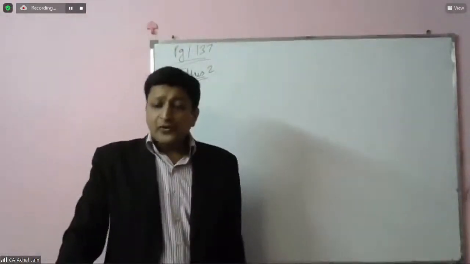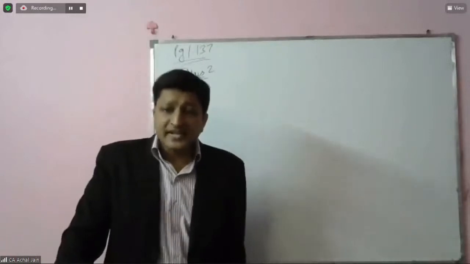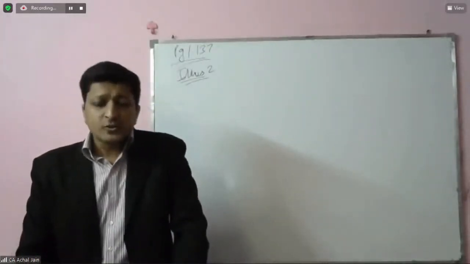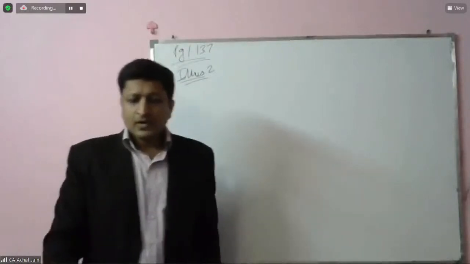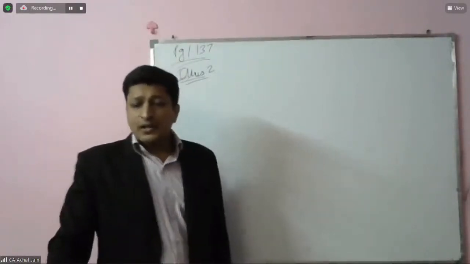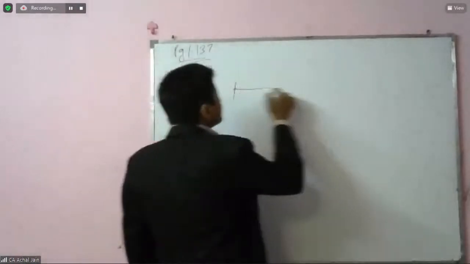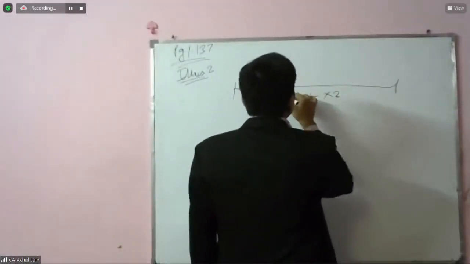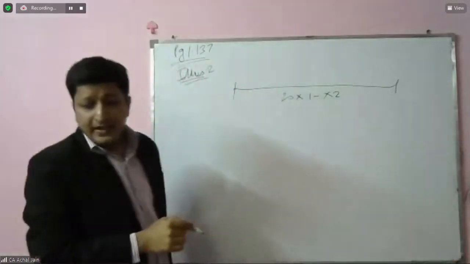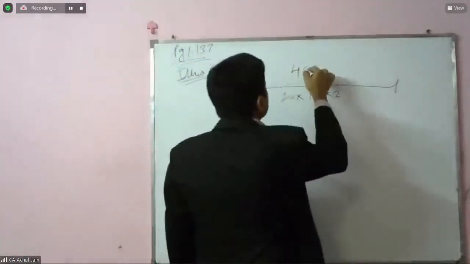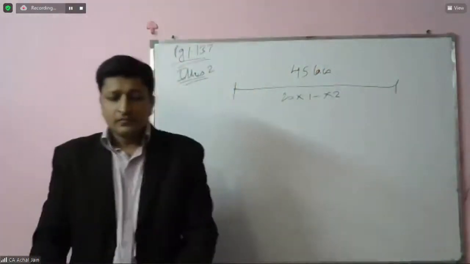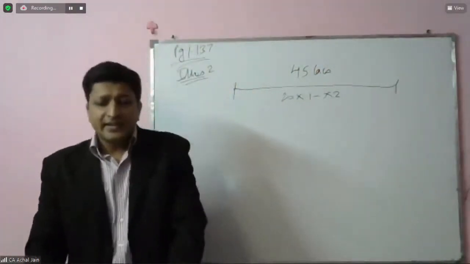Companies spend 45 lakhs for publicity and research expenses on one of its consumer product, which was marketed in the accounting year X1, X2. So the company spent 45 lakhs on publicity and research, but it proved to be a failure.